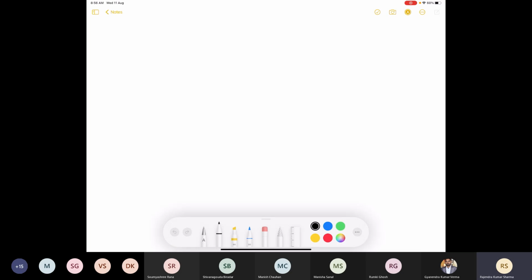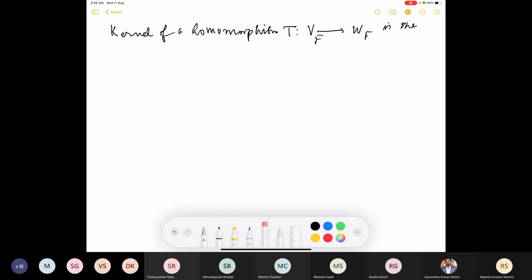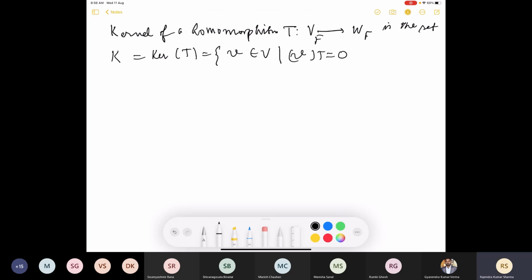So the kernel of a homomorphism T from V to W, where V and W both are vector spaces over the same field F, is the set K, kernel of T, the set of all elements v in V such that the image vT is 0.